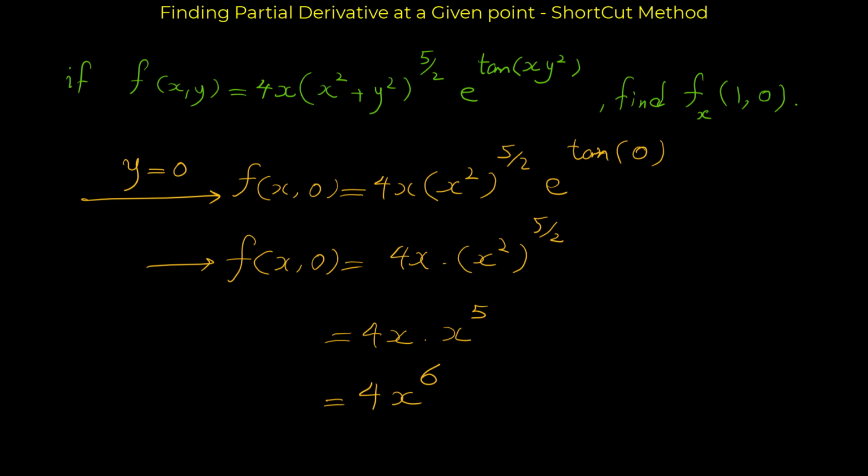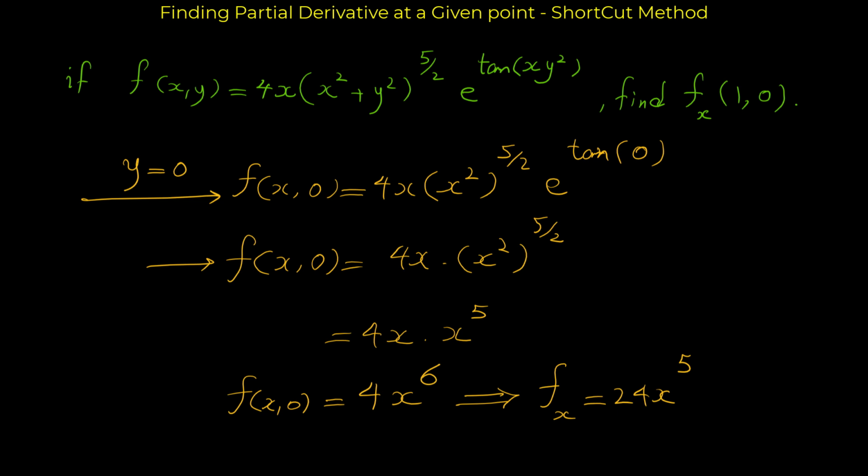Now take the derivative of this. Now from this we take the derivative of f, which at this moment with respect to x would be 24x to the 5. 6 goes in front, subtract the power by 1.